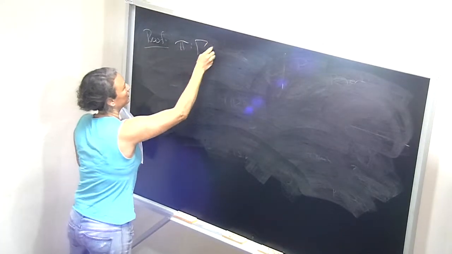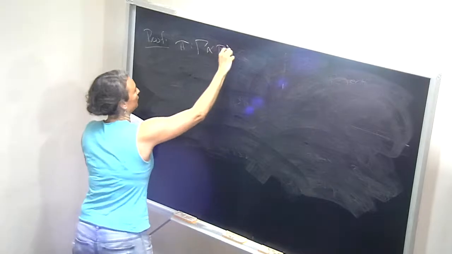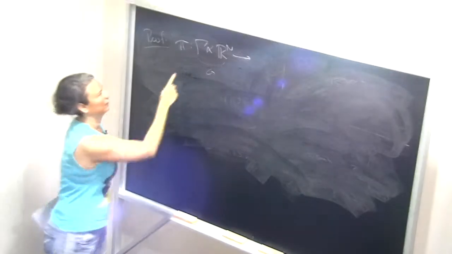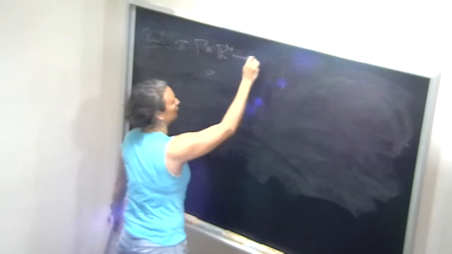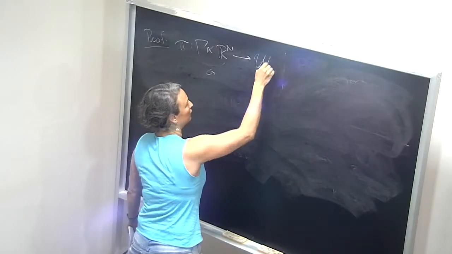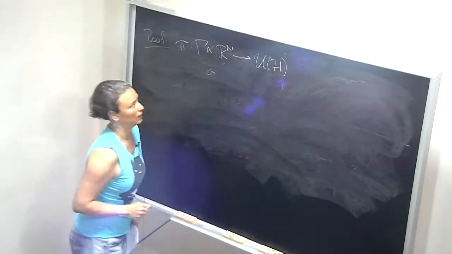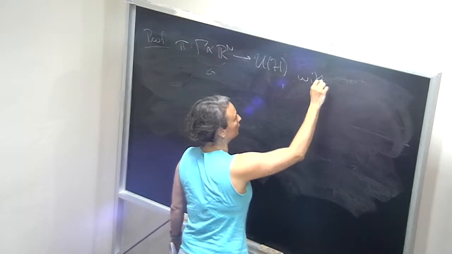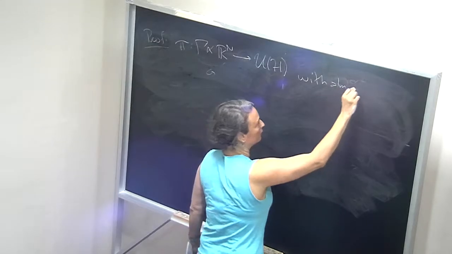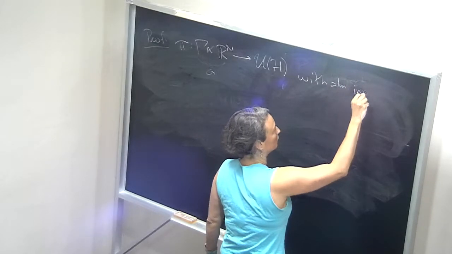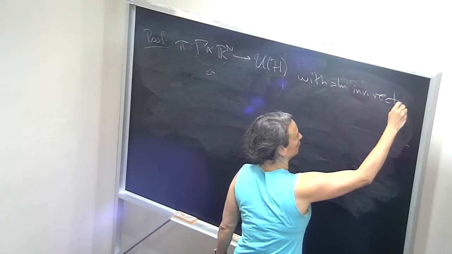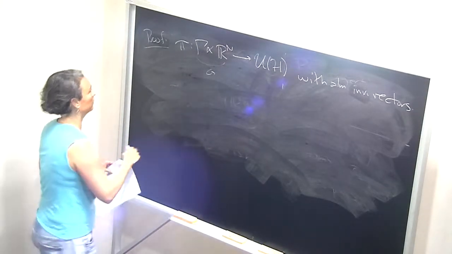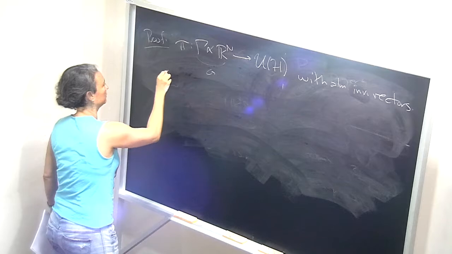Say pi is a map from my G, which is a semidirect product, to unitary operators on H with almost invariant vectors. Okay, so what are they? They're my v_n.